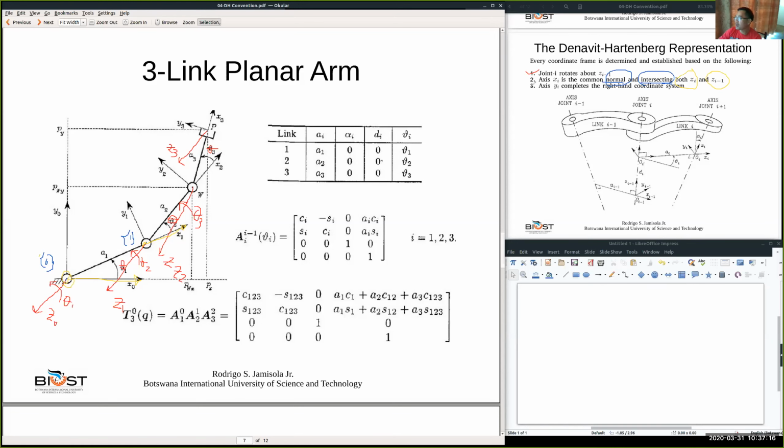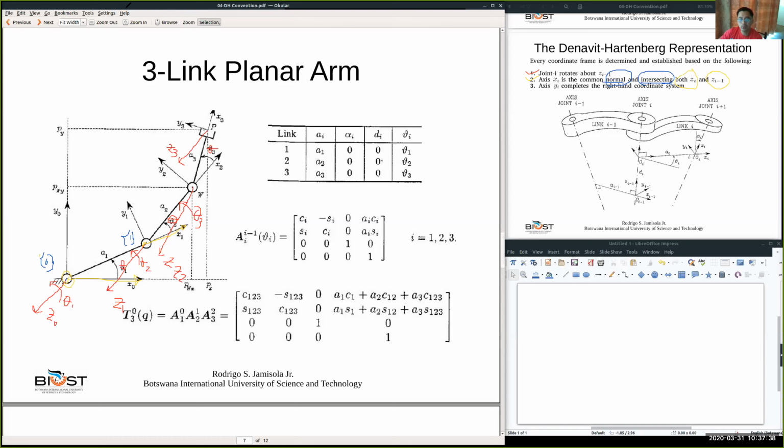So now we say that this is correct for X1, and then Y1 completes the right hand coordinate frame, and so we have this is the Z, and then this is the X, and to make it the right hand coordinate frame, Y1 should be in that direction.